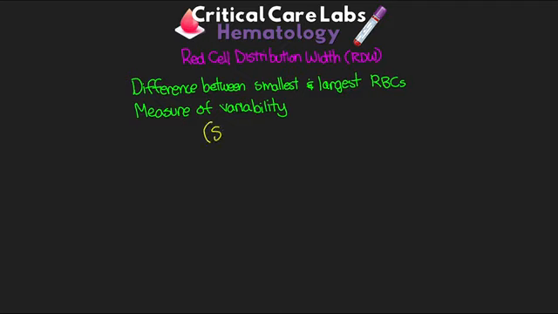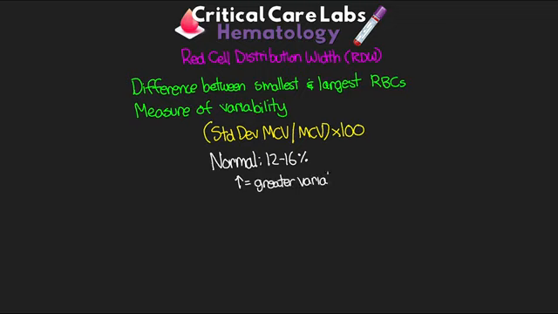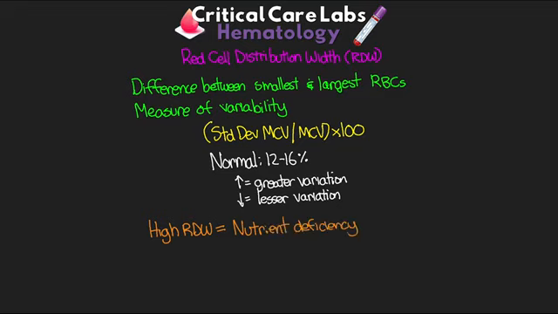The way that we get this is we take the standard deviation of our MCV, divide it by our MCV, and multiply it by 100. Normal here is 12 to 16%, with higher meaning greater variation in size and lower meaning lesser variation in size.